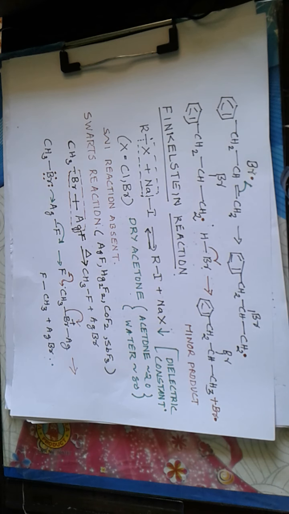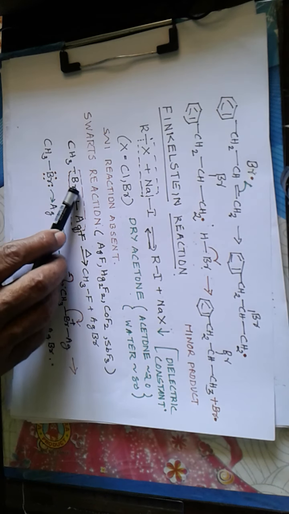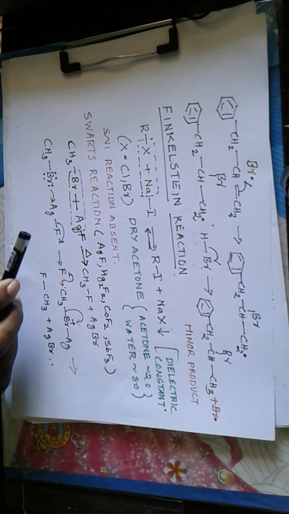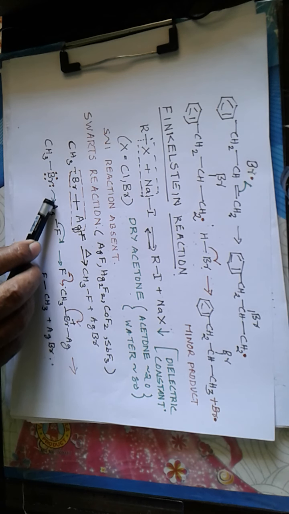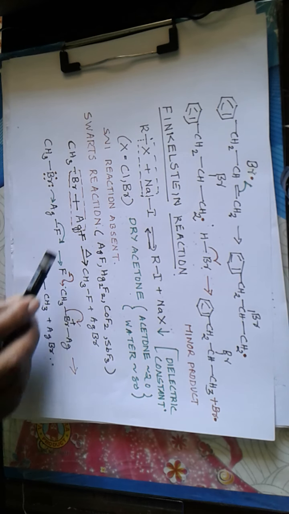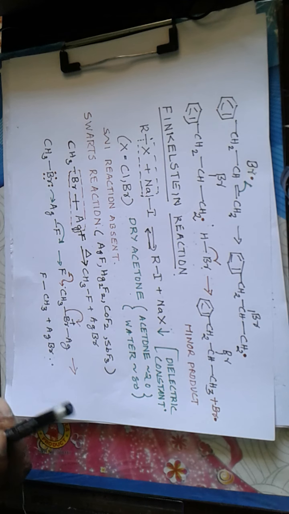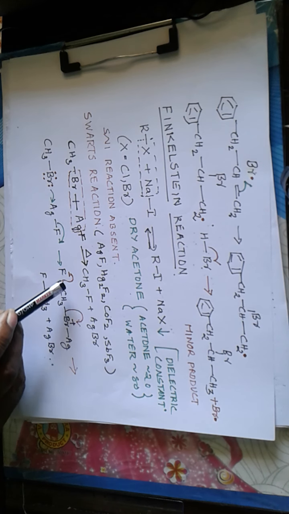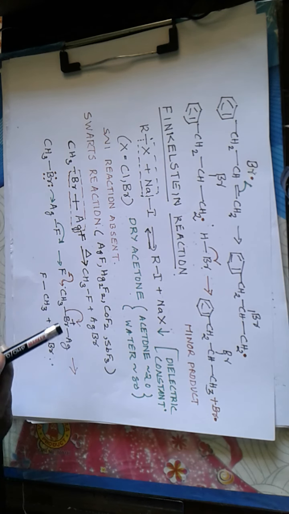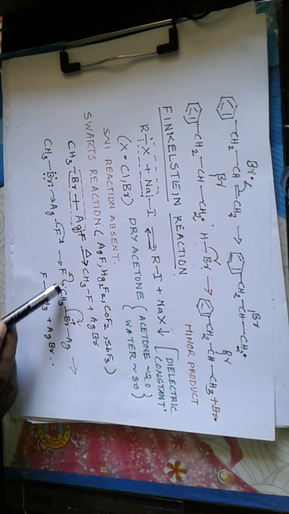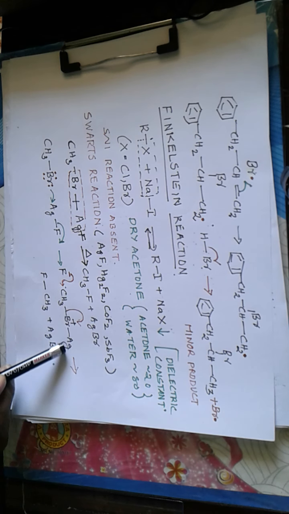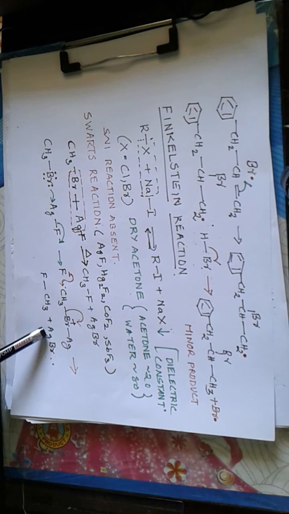So all these transition metal compounds and SbF3 possess vacant orbitals into which a lone pair of the halogen may be accepted. So a lone pair of halogen is accepted, then fluorine is getting free, and then fluoride ion will attack by an SN2 mechanism. Here the leaving group is displaced and the F-CH3 bond is formed along with the AgBr.